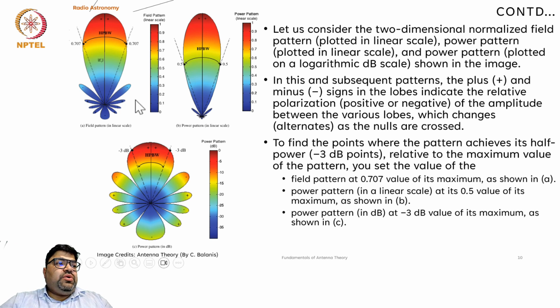As we go away from this 0.5 portion, the power really reduces a lot. That means power reduces in the transmit mode, and in the receiving mode, the sensitivity of the antenna outside these half power beam width positions is very minimal.